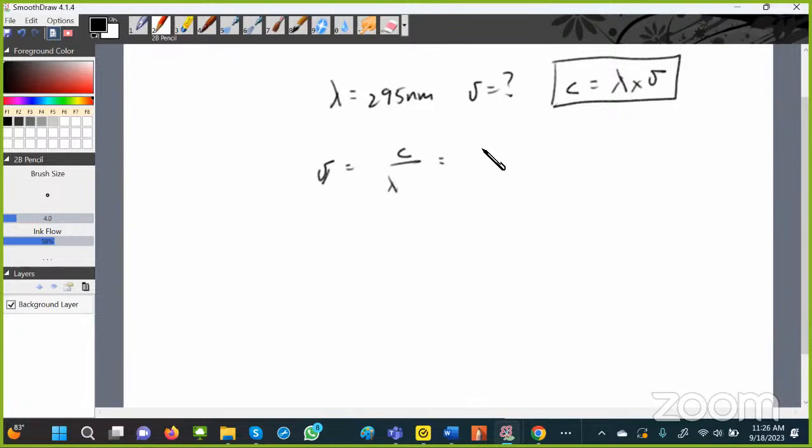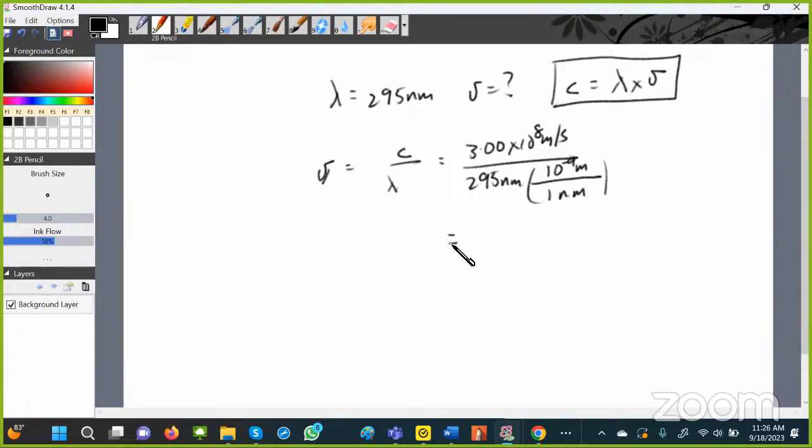And then what? 3.00 times 10 to the 8 meters per second, divided by the wavelength, which is exactly 295 nanometers. If you remember what we did in the first example, what would be up top here and at the bottom here? 10 to the -9. Okay, so 10 to the -9 meters would go up top here, and down here, that's 1 nanometer. Right? Exactly.